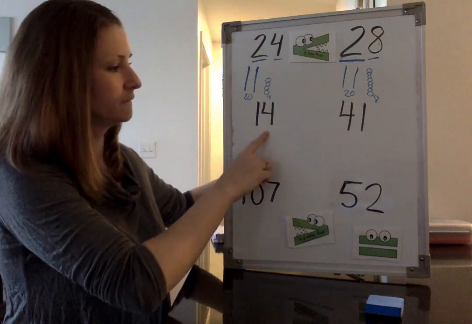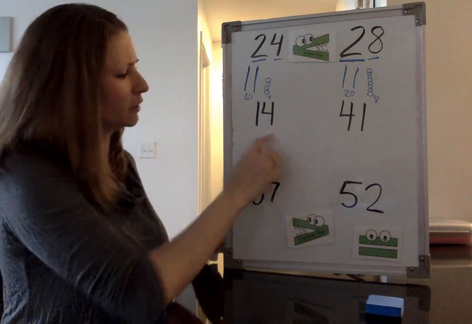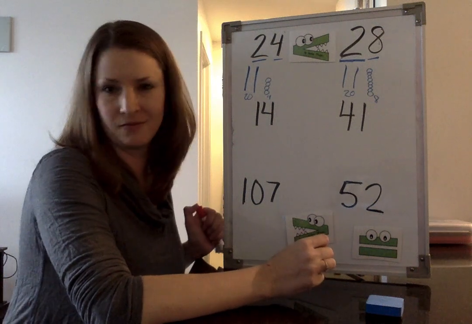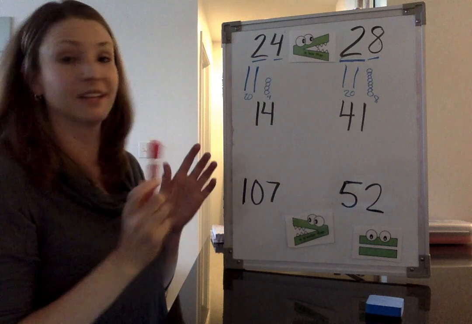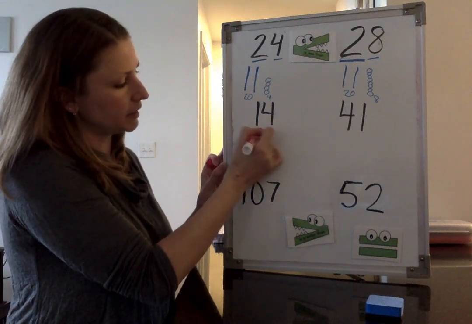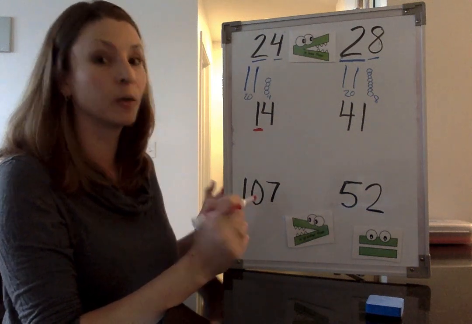So we have 14 and 41. I see a 1 and a 4 here, and a 1 and a 4 here. So are these two numbers equal? I think you already know, but let's show our work to make sure. If I'm looking here, this number, the 1 is for the one what? 1 ten.